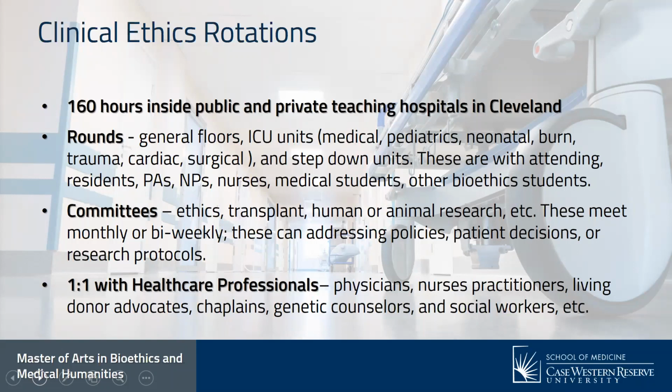The ICU units are going to be unique to the different hospitals that you're at. For instance, Metro has a burn unit. So the burn ICU unit is unique to that system. The VA is going to have very different patient demographics than the other hospital systems. You're going to see a lot of geriatric patients there.